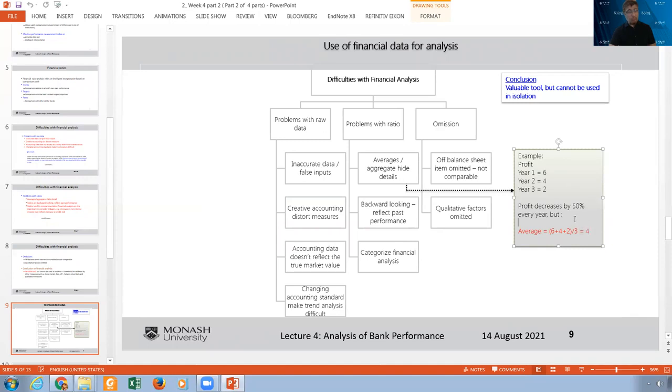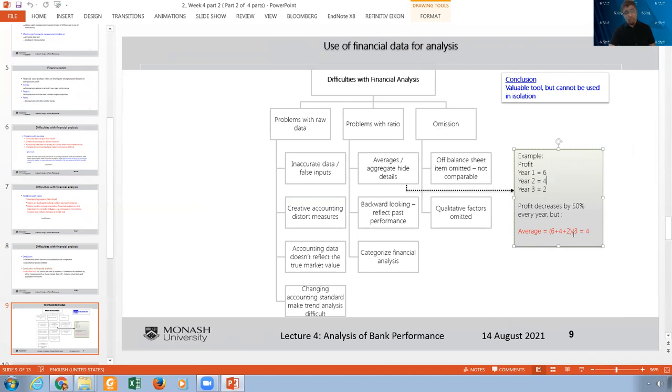But when you look at it in a deeper way, you can say I have dropped for the last 2 years by around 50%. So there is a drop. Profit decreases by 50% every year. So 6 drops to 4, and 4 drops to 2.